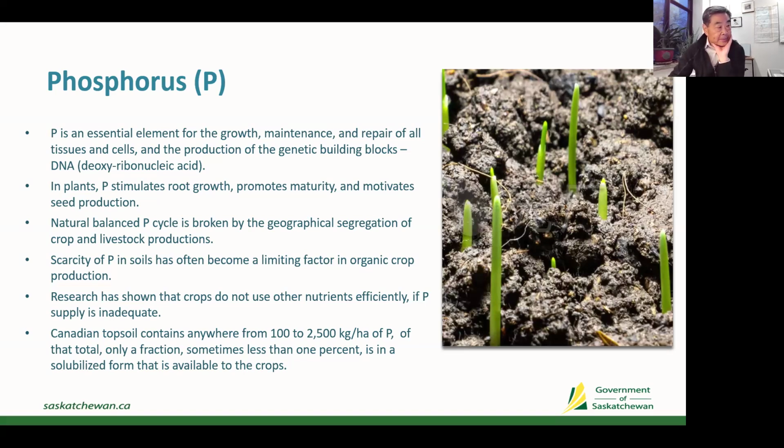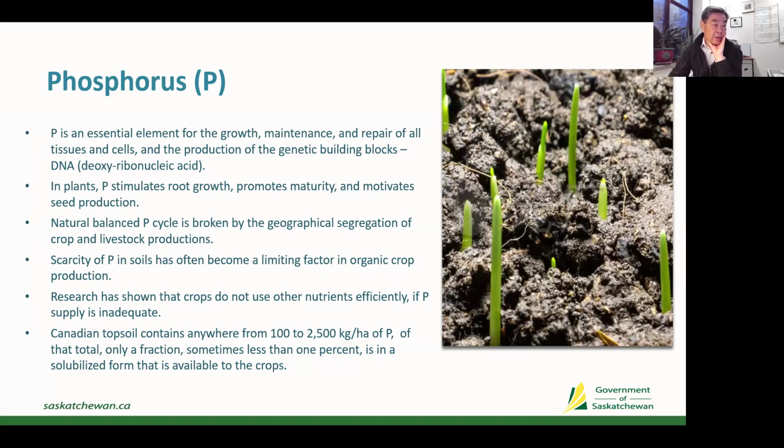The other scarcity issue: before industrialization, the natural P balance was pretty good, and all the P harvested from the field would go back to the field.